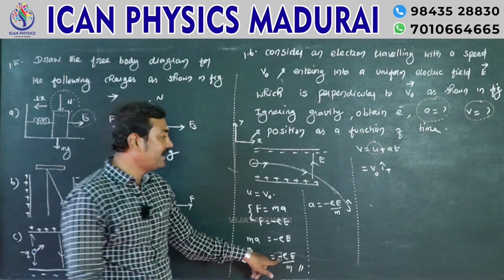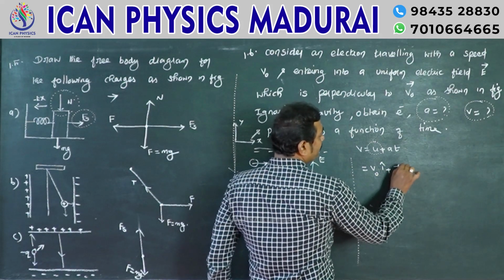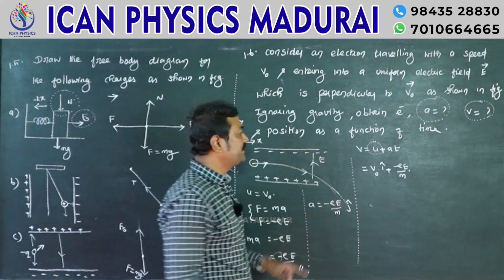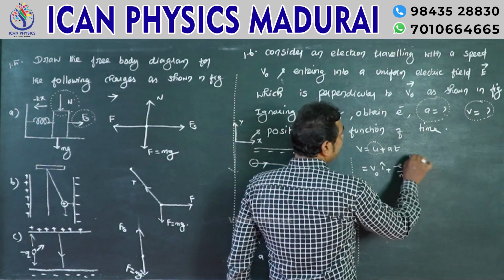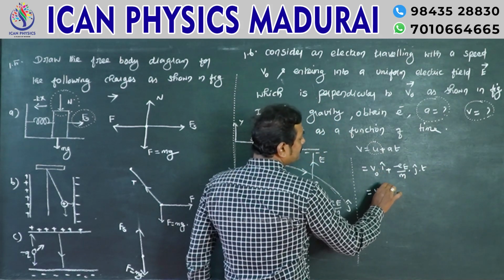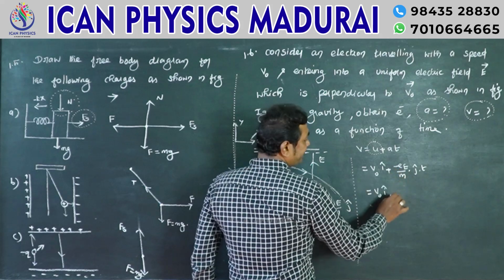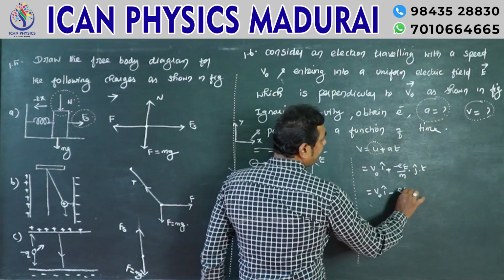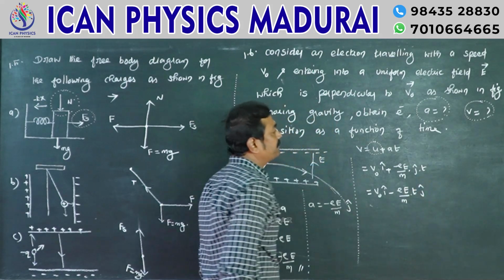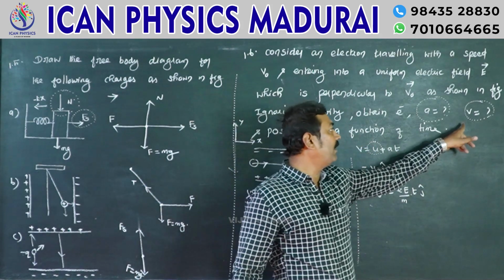The value of a is minus eE by m into j cap, into t. So v equal to v0 i cap minus eE by m into t into j cap. Thus we can calculate the velocity.